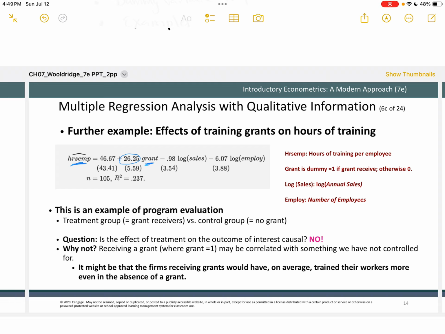Receiving a grant may be correlated with something else that we have not controlled for. In fact, it may be that some firms who are receiving the grant would have trained their employees anyway in the absence of the grant. You see, so this is not a causal effect. But in our studies, we are interested in interpreting that 26.25 and checking to make sure, yeah, this is not a causal effect.